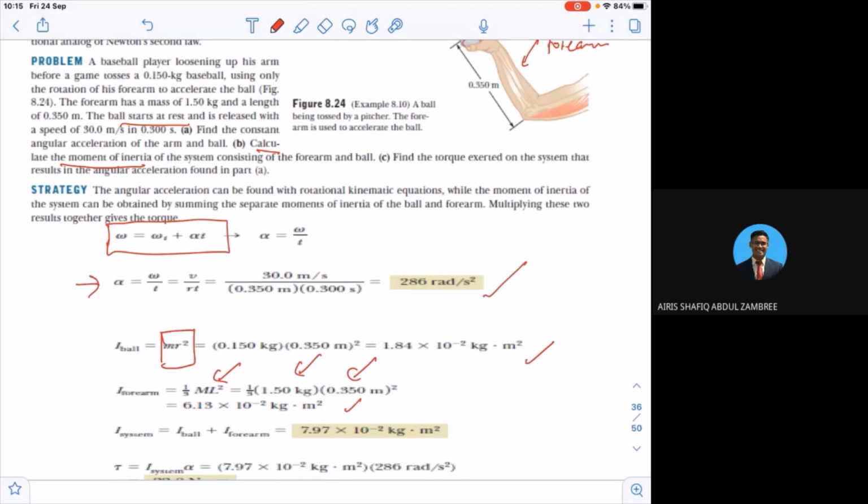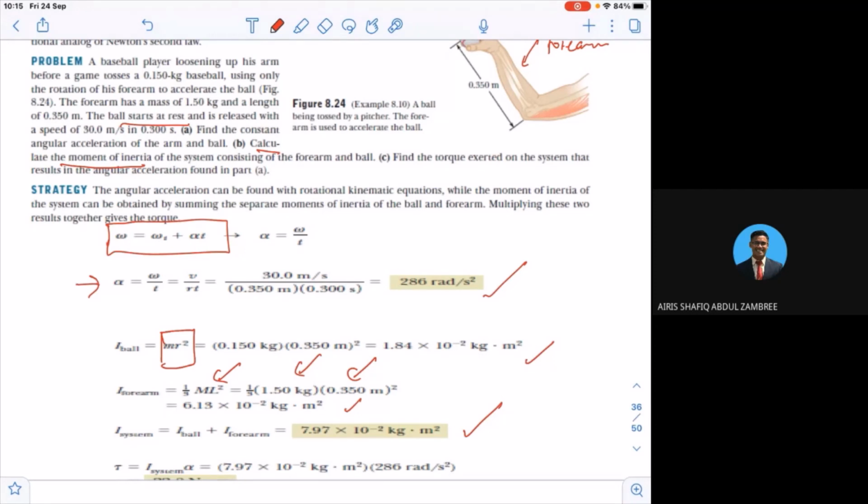Then we add everything up, the moment of the ball plus the moment of the forearm, which is equivalent to 7.97 times 10 to the power of -2 kg m squared. Look at the units of the moment: kg m squared.